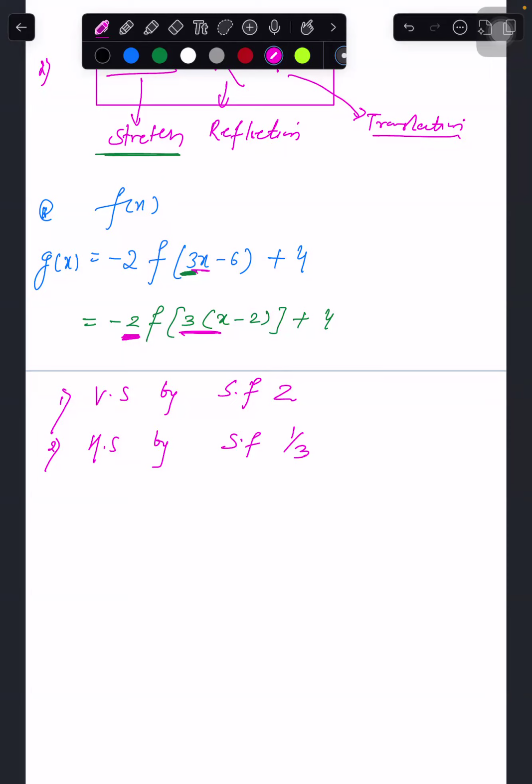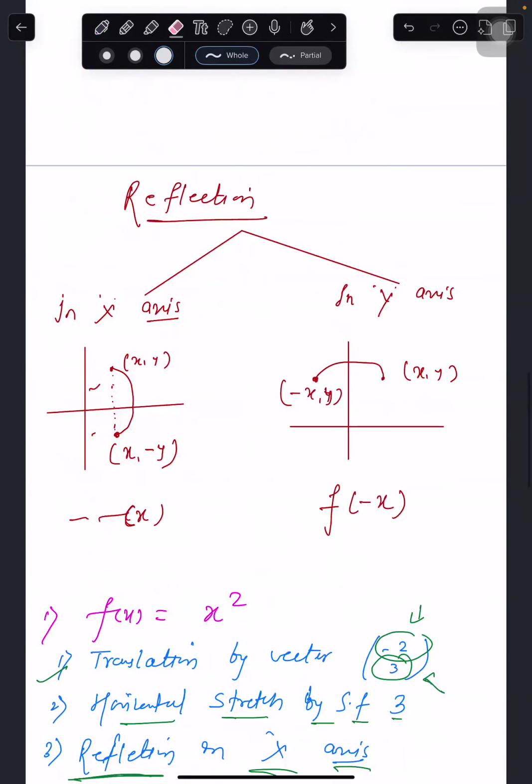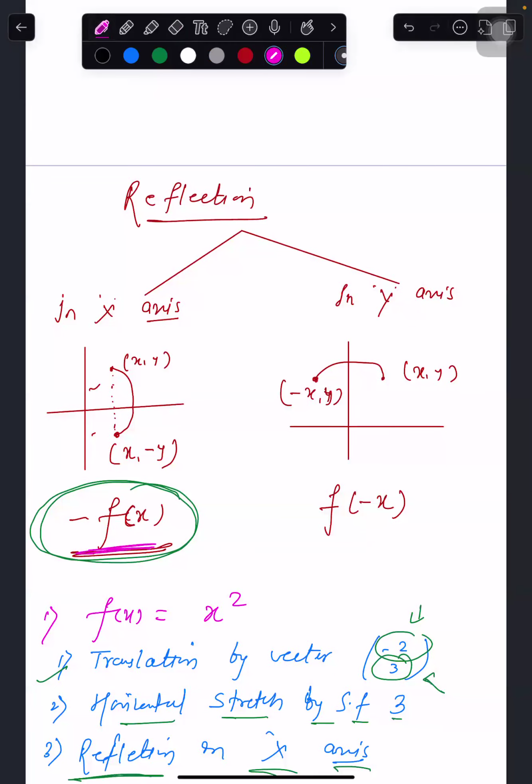Okay, stretches are done. Now we have to look for reflection. Do you see any reflection? For reflection, you have to look for a minus sign. Either it is minus of f of x or f of minus x.